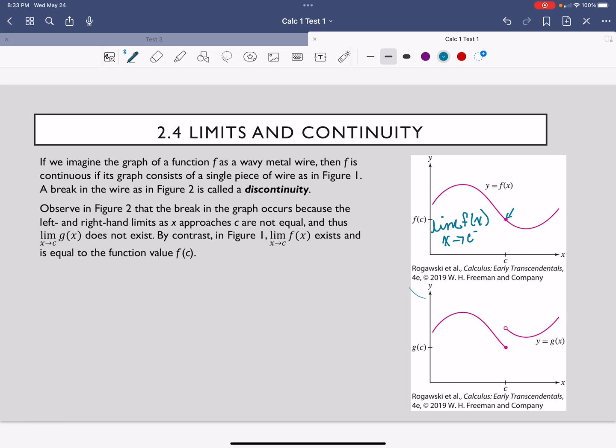Then we're also going to have the limit of f of x as x approaches c from the right. And then we are going to have f of c.